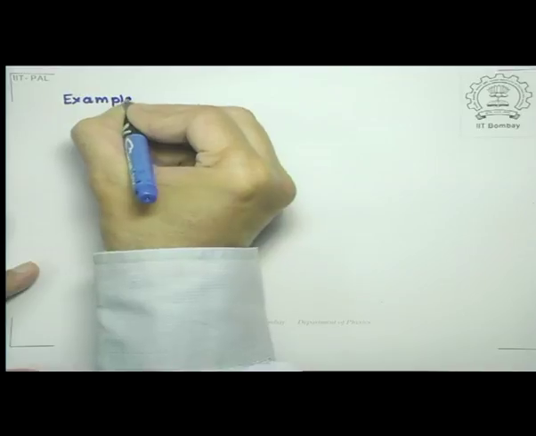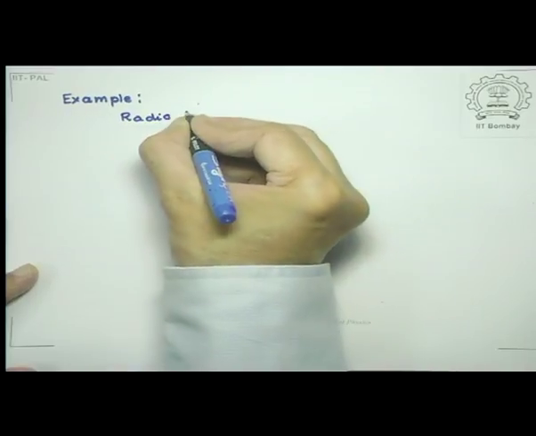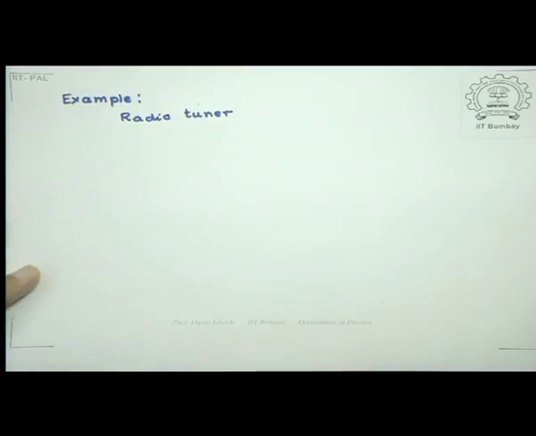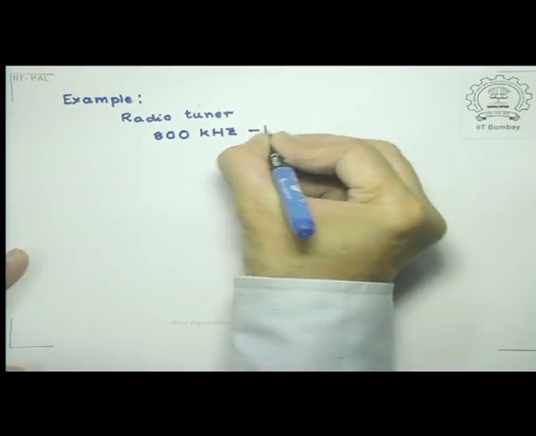Let's take another example. Suppose I have a radio tuner. Remember I told you that a radio receiver or a tuner works on the principle of variable capacitors. When you are rotating the dial of a radio tuner, what you are doing is actually changing the capacitor in the circuit. Now suppose I have a radio tuner which can work in what is popularly known as the MW band, medium wave band, and let us say it can tune in the range 800 kilohertz to 1200 kilohertz.